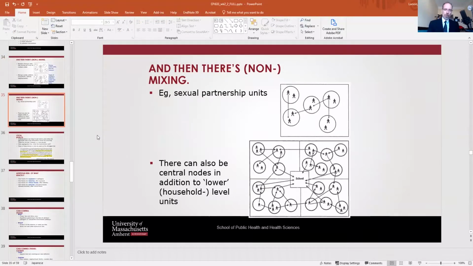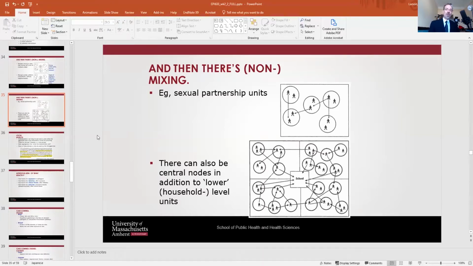And then there's other strange things like with sexual partnership units, which, as we know, sexual partnerships vary between individuals greatly, vary between genders and sexual identities and sexual subcultures. Some people can have very limited contact with people, fully monogamous relationships.